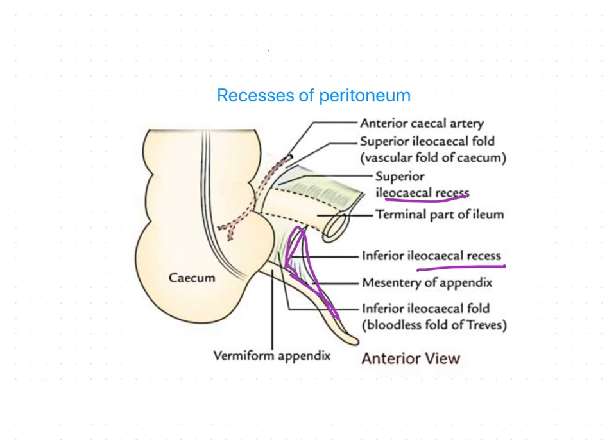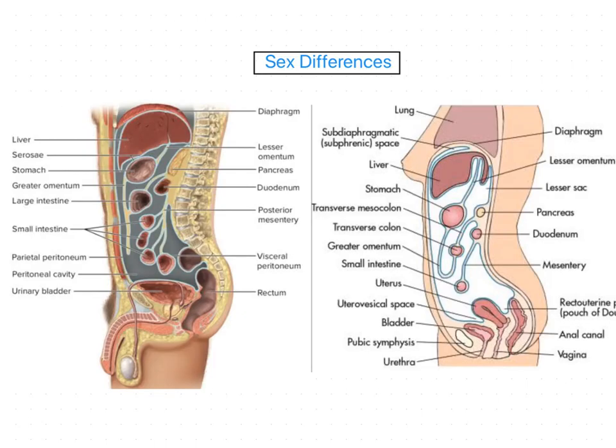If you see the differences between the male peritoneum and female peritoneum, there are some differences we can find. So this is the peritoneum of the male and this is the female part.